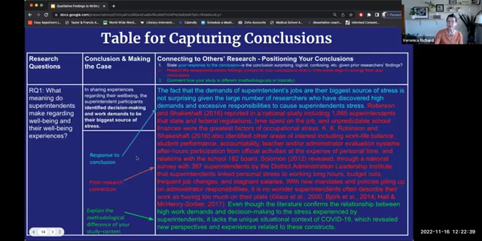All right, now we see his positioning his conclusion with all the others. The first thing that we do is provide our response about our conclusion up here. So his response is that, hey, it's not surprising, given this large number of researchers who have discovered, okay? So, okay, it's not surprising.